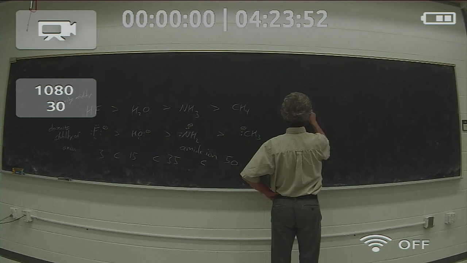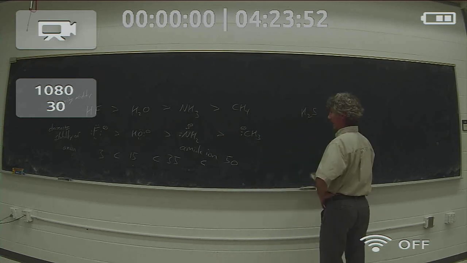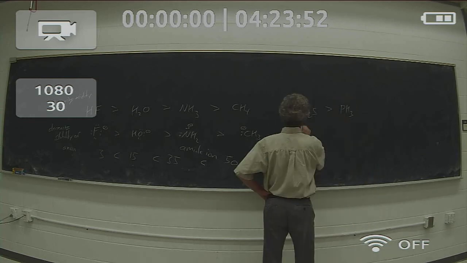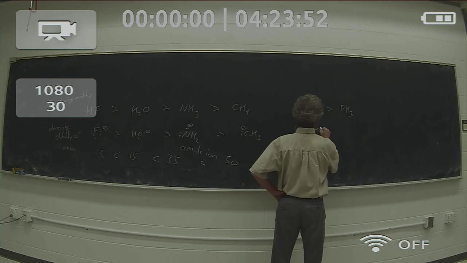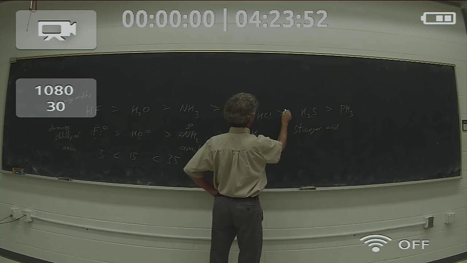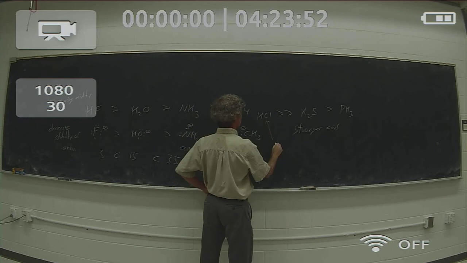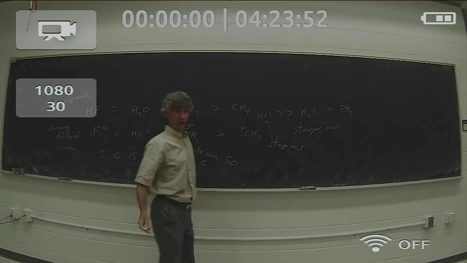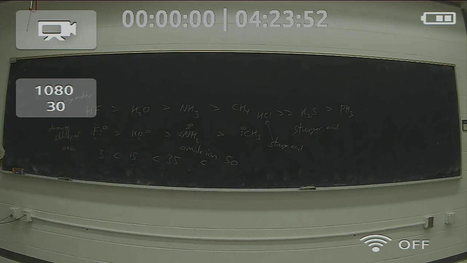So you'll see that H2S is a stronger acid than PH3. But H2S is a considerably weaker acid than HCl, right? HCl is actually a strong acid, fully dissociated. The first Ka value of H2S is on the order of 10 to the minus 8, whereas for HCl it's 10 to the 8th, and PH3 is even smaller.